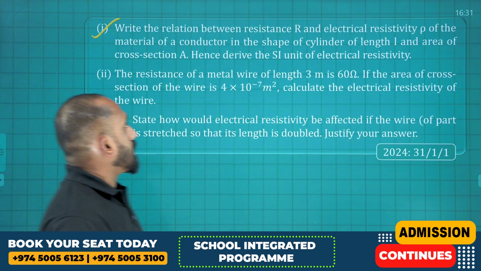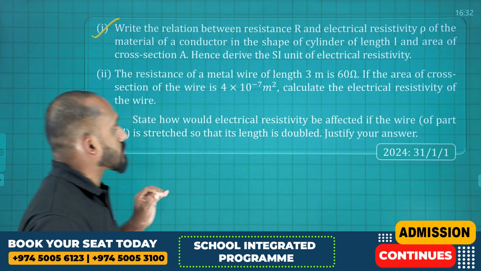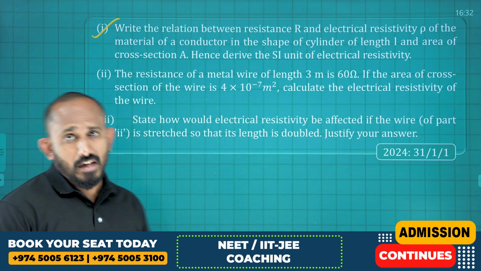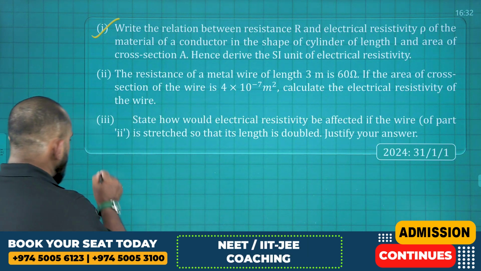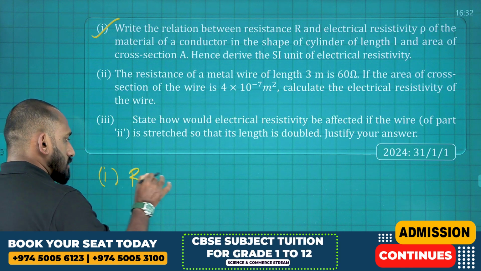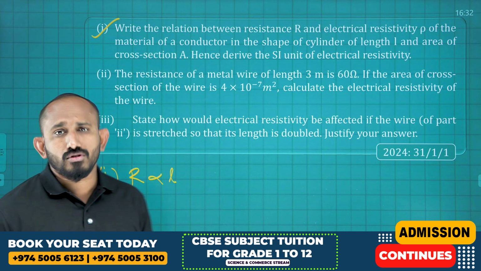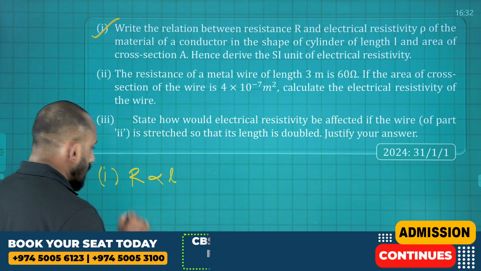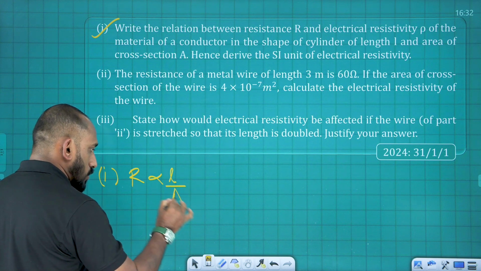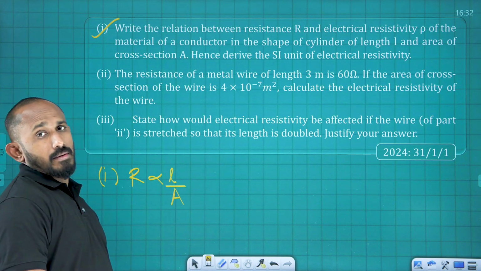Write the relationship between resistance R and electrical resistivity ρ of the material of the conductor. You know the relation. The resistance R is directly proportional to the length of the cylindrical wire and inversely proportional to the area of cross-section of the wire.